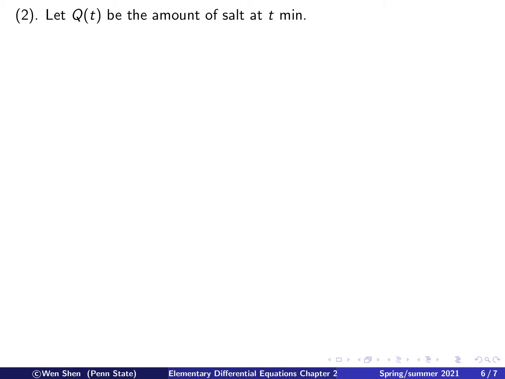Okay, so question 2, we want the amount of salt for t less than the overflowing time. Here we need to set up our model. So let Q of t be the amount of salt in the tank at t before overflowing.